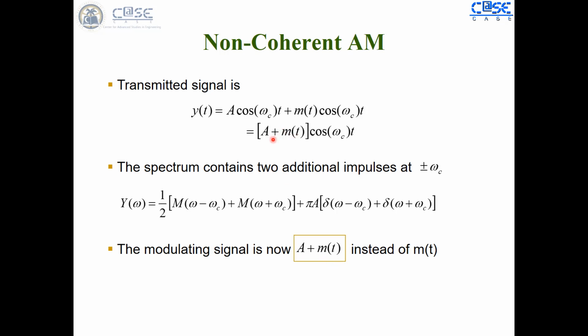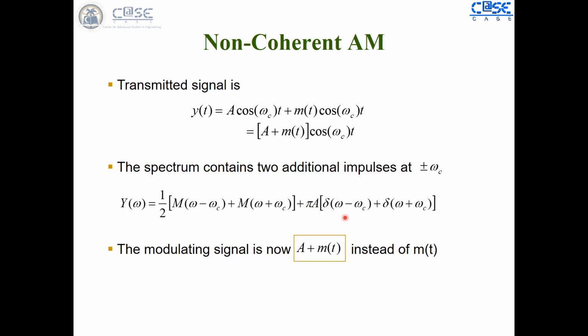If you take the Fourier transform of it, you end up getting these terms. This one is the modulated spectrum, the message signal shifted onto carrier frequencies omega c and minus omega c, and this one is the carrier frequency spectrum. You have two spikes, one at omega c and one at minus omega c.